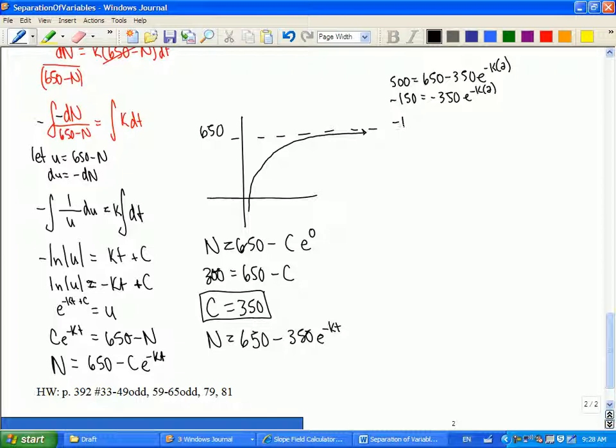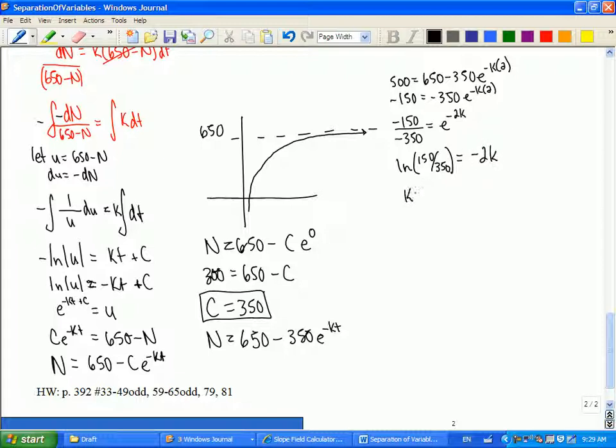So if I divide both sides, I then need to use a logarithm here to get that exponent down. So the natural log of 150 over 350, you could cut that down to 15 out of 35 pretty quickly, or you could cut it down to 3 out of 5, but anyways, won't matter, same problem, equals negative 2k.